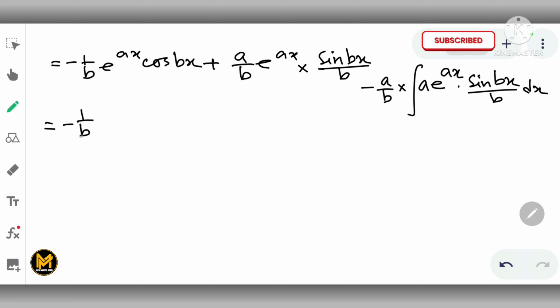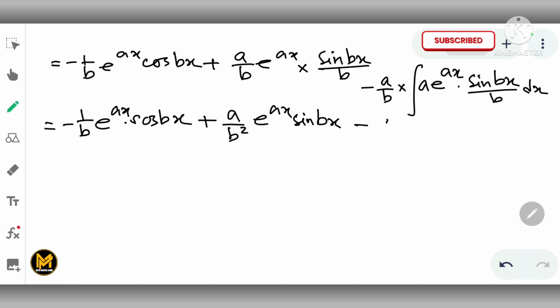So we will get minus 1 by b e to the power ax cos bx plus a by b square e to the power ax sine bx minus a square by b square integration of e to the power ax sine bx dx, which is equal to I.